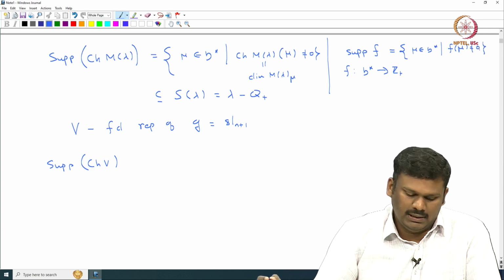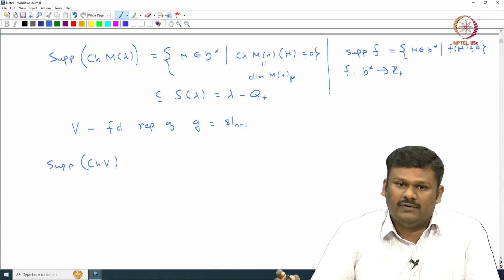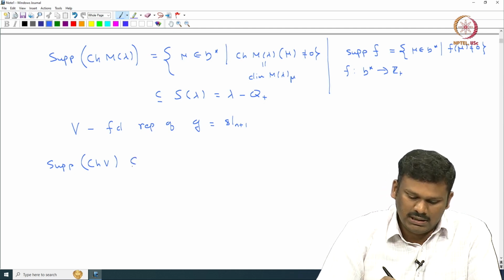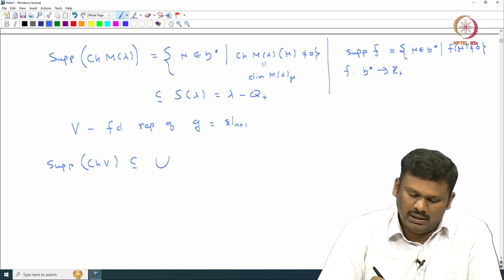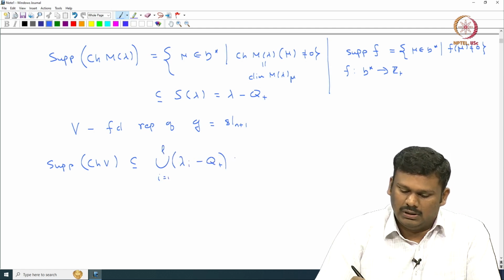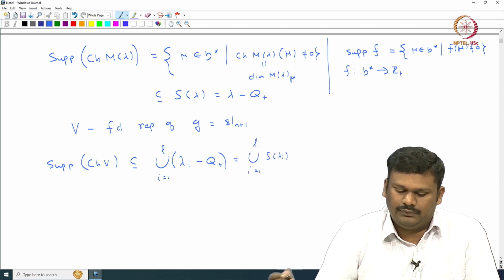Okay. So, then the support of the character of V for any finite dimensional representation, modulo this complete reducibility, you can see is indeed contained in a union of finitely many cones, i ranging from 1 to L. That means this is the union of S of lambda i, i ranging from 1 to L.